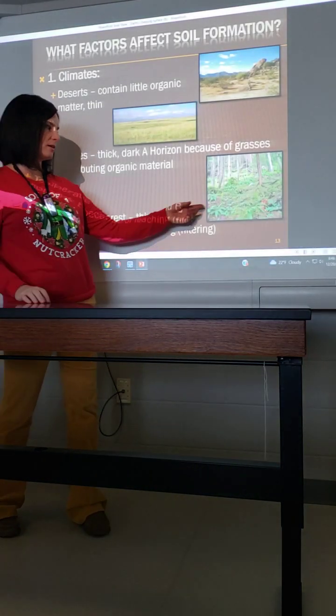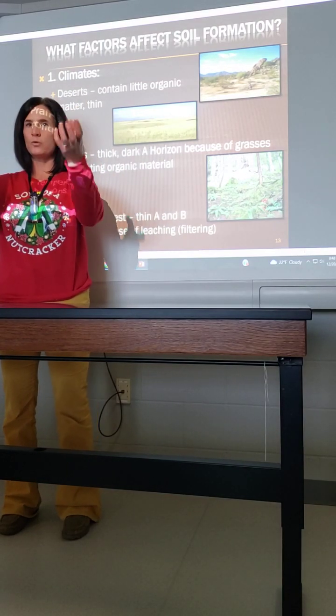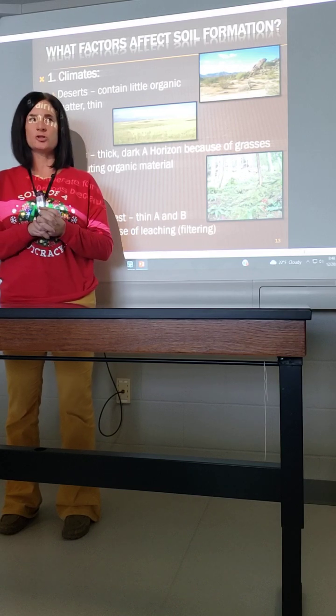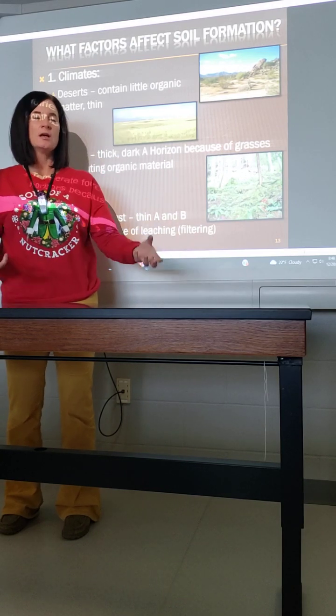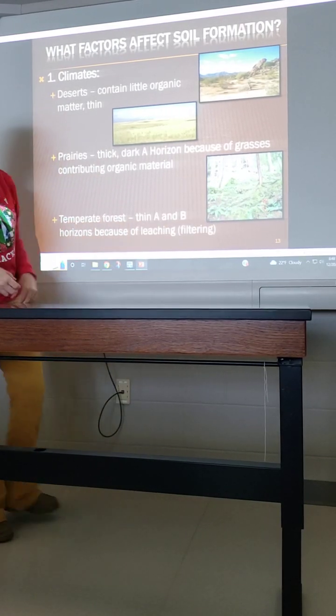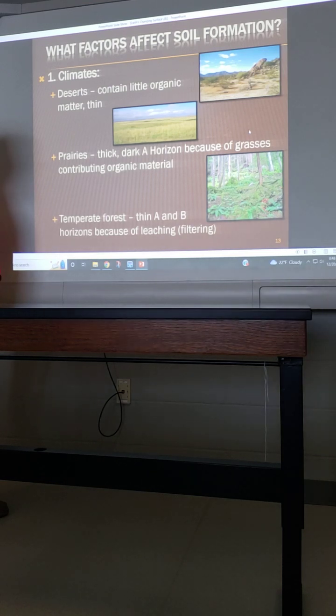The same leaching effect happens here where the nutrients are pulled through those top layers because there's so much moisture, pulling some of that good material at the top down into the bottom layer. So it kind of thins the top layers because of that.